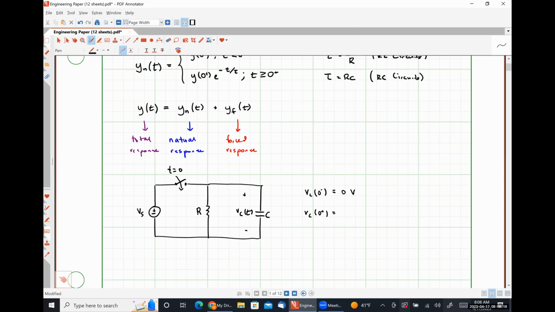What will our capacitor voltage be at t is equal to 0 plus? Still 0, because the voltage drop across a capacitor cannot change abruptly. So whatever value VC had at 0 minus, it must continue to have at 0 plus.